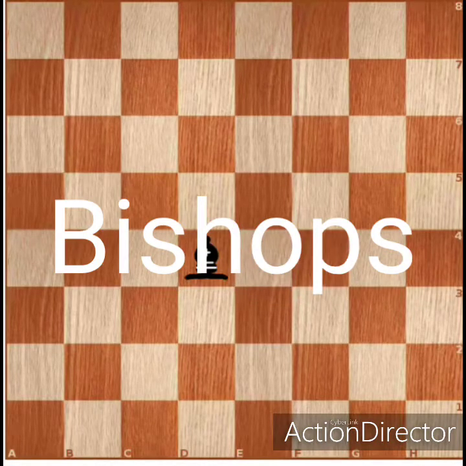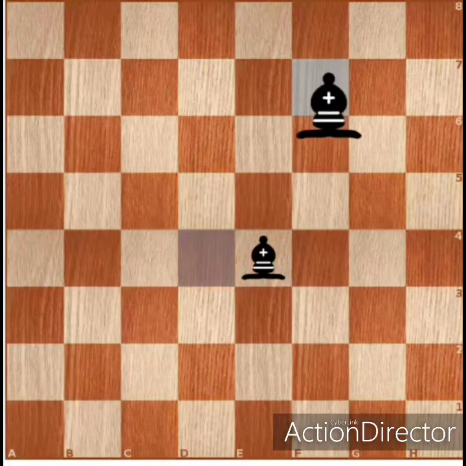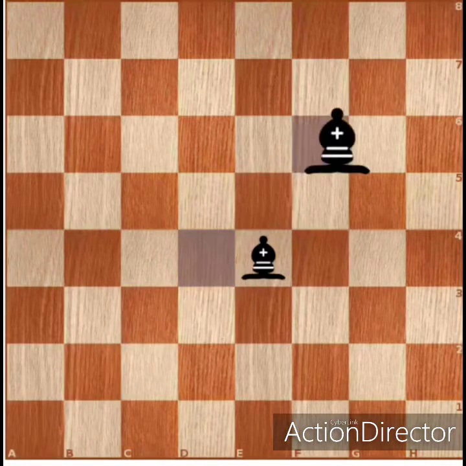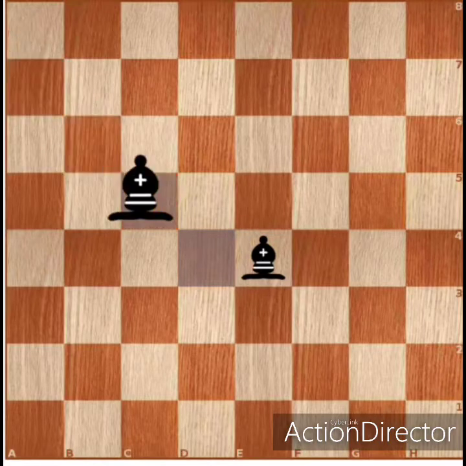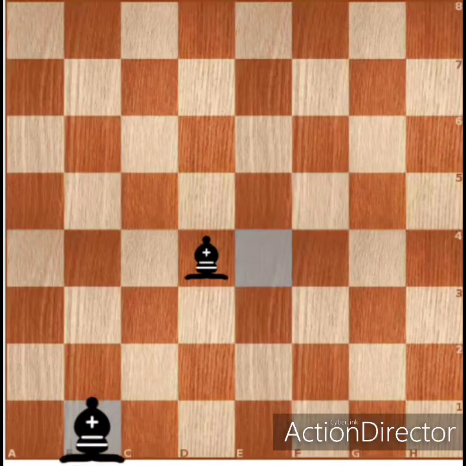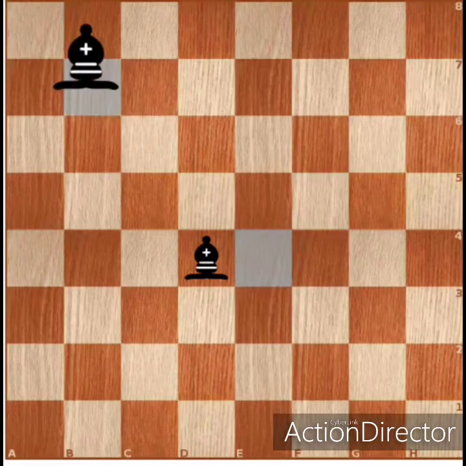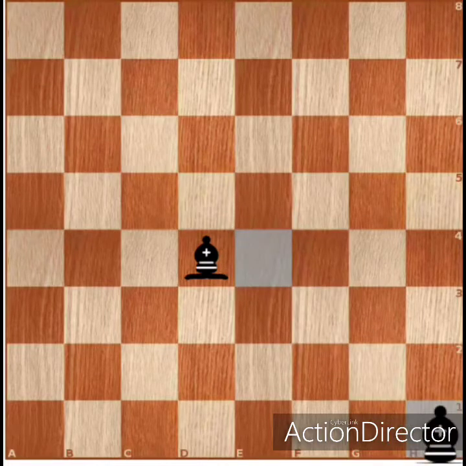Bishop. You have two bishops. One is the light square bishop and the other is the dark square bishop. It can go anywhere along its diagonal. Bishop moves only diagonally and cannot move straight.